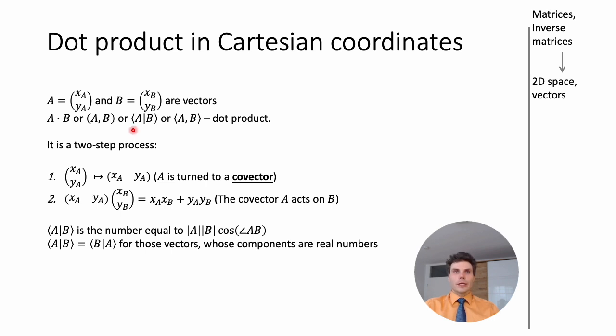So computation of a dot product is a two-step process. First, you take the vector A and you convert it from being a one-column matrix to a one-row matrix. Such an object is called a covector.